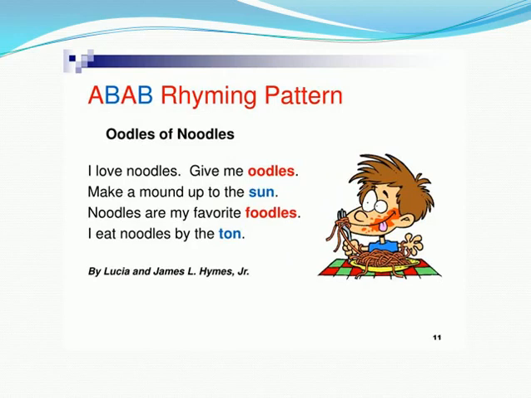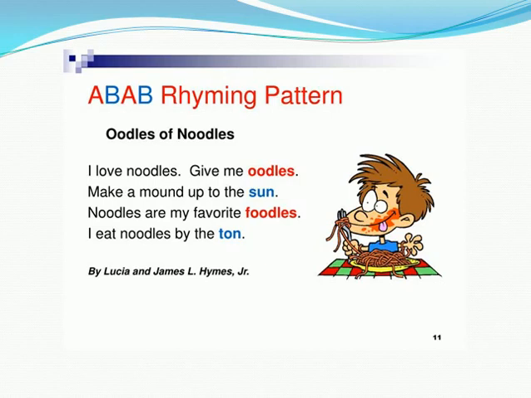And then there is this second poem, Oodles of Noodles. Oodles means a lot of. I love noodles, give me oodles, make a mound up to the sun. Make a kind of mountain of the noodles. He's saying noodles are my favorite foodles that you eat; I eat noodles by the ton.